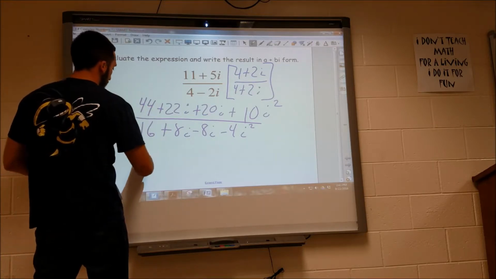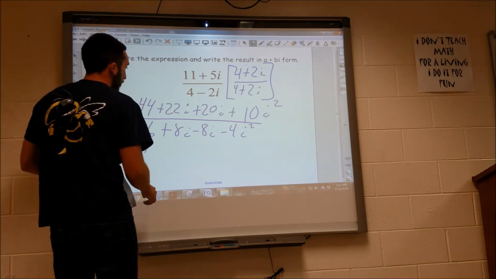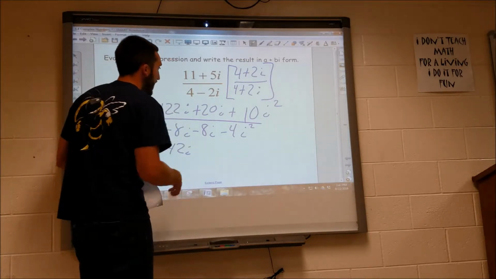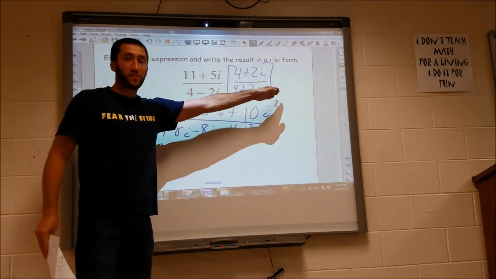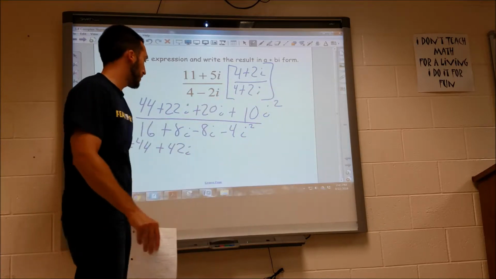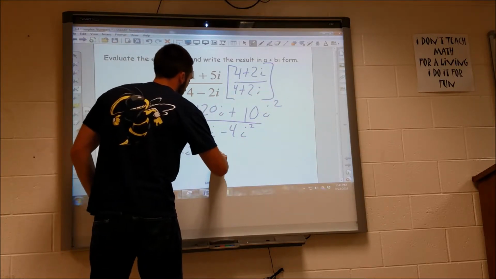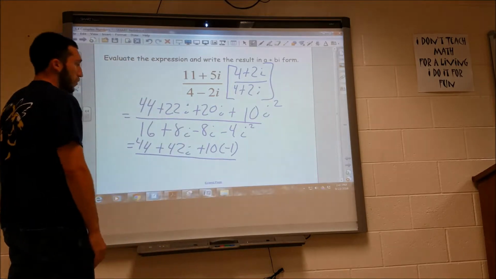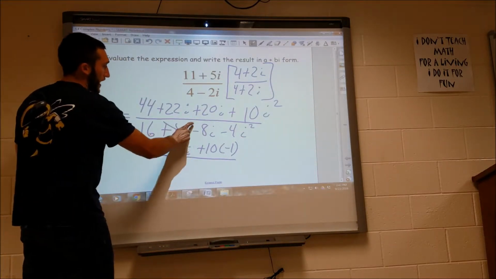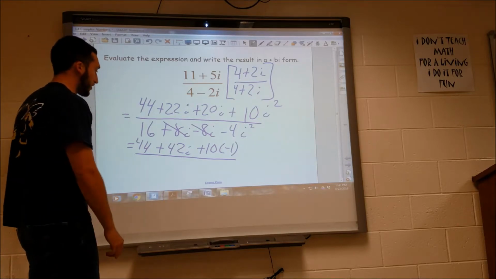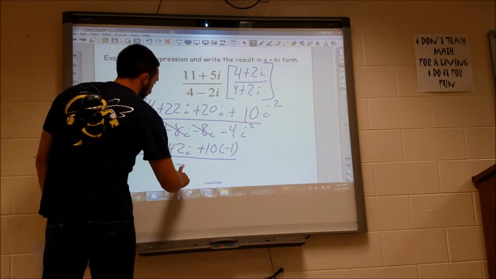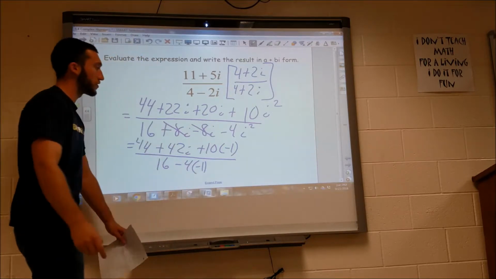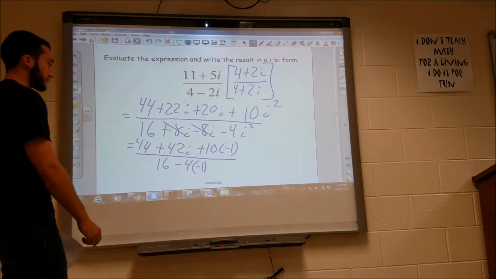We've got 44 on the top. We can combine our i terms to get a positive 42i. And then remember that i squared turns into a negative 1. So we get plus 10 times negative 1. All divided by, well, we have a positive 8i and a negative 8i, so those cancel. So I'm left with 16 minus 4 times, and this i squared also turns into a negative 1.